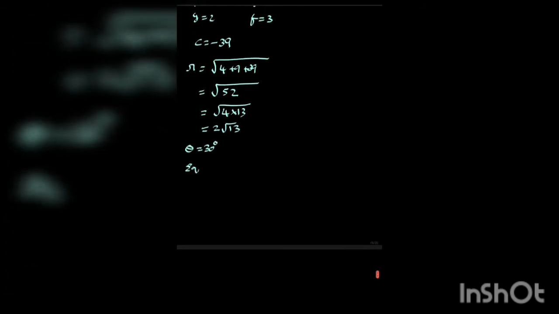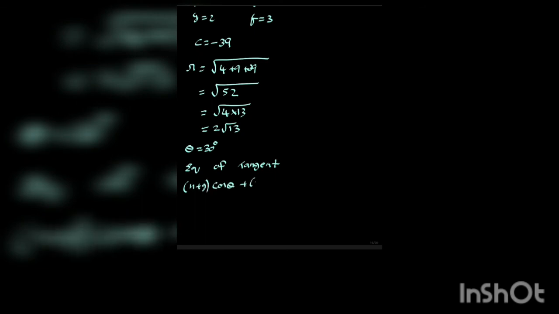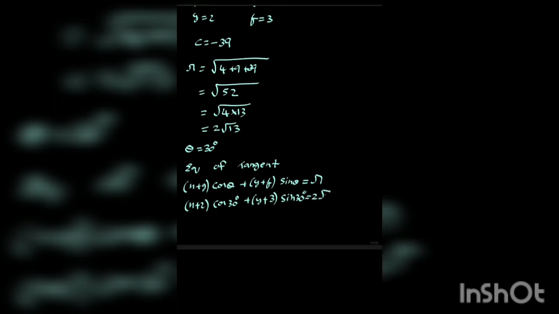So equation of tangent, that is (x + g) cos theta plus (y + f) sin theta is equal to r. So what is g? That is (x + 2) cos 30 degrees plus (y + 3) sin 30 degrees is equal to 2 root 13.